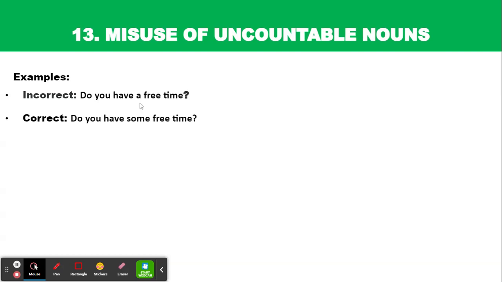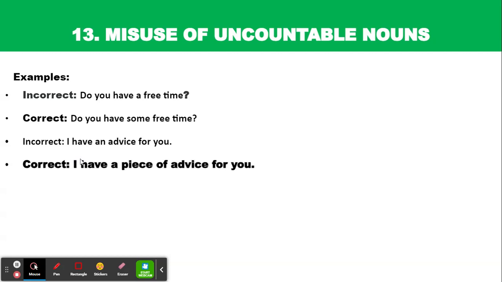You don't have to singularize it because it's uncountable. Another example is, "I have an advice for you." More and more people are committing this error when they say, I have an advice for you, or this is just an advice. That is wrong because advice is uncountable. So the correct thing is, I have a piece of advice for you, or I have some advice for you, or I have advice for you. Okay?